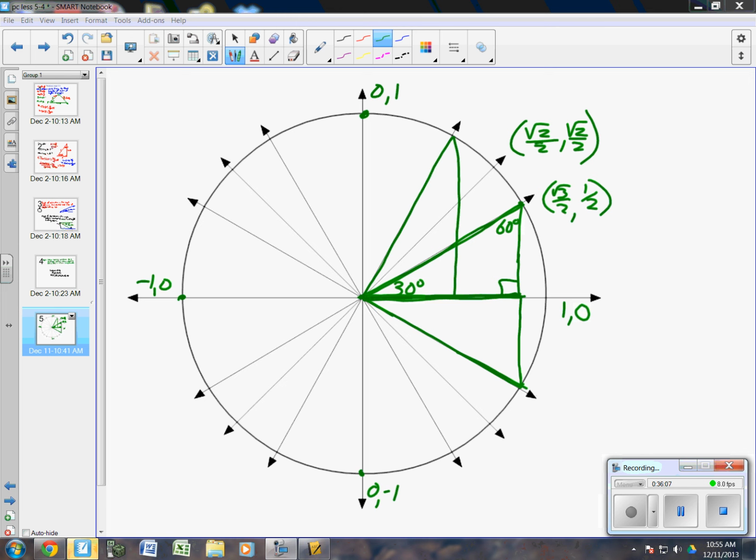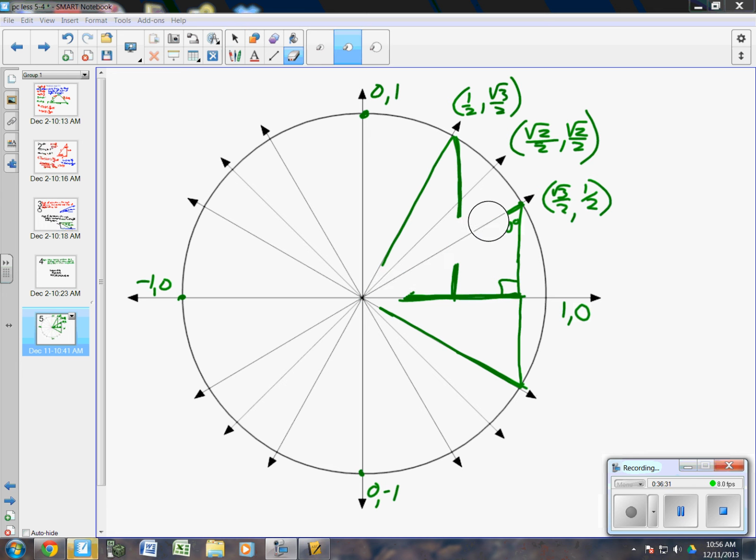So how far is the x distance? It's 1/2. And how far is the y distance? Square root of 3/2. In other words, you just switch these two right here. So the 30 degree and 60 degree angles are just switched around.